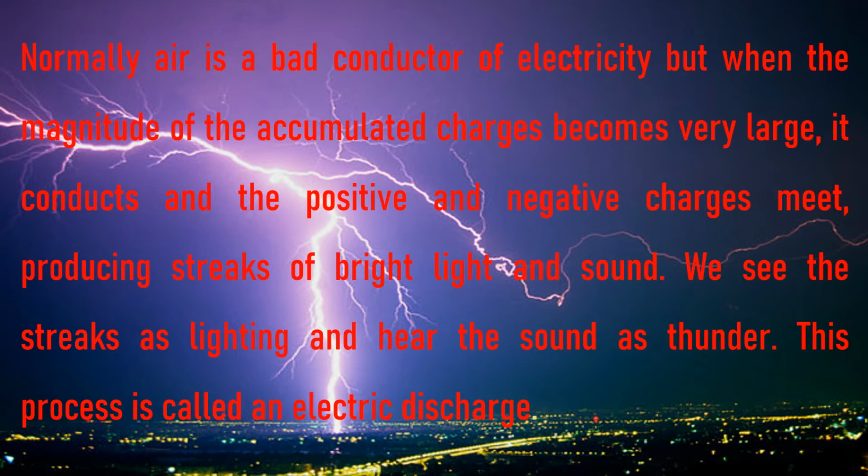The enormous amount of heat produced makes the air expand very suddenly. This causes a wave of vibrations which is called a shock wave, and that is the cause of thunder that we hear. Lightning can occur between a cloud and the ground, or between two clouds, or even between two portions of the same cloud.